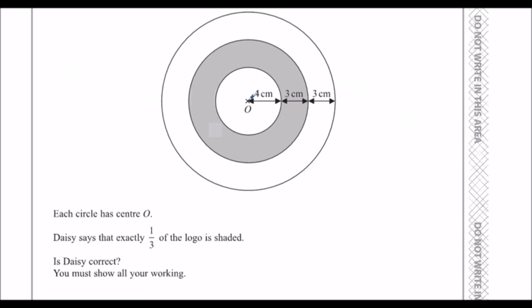So we've got 3 circles. The small circle's got radius 4. The medium circle has got a radius of 7. And the large circle has got a radius of 4 plus 3 plus 3, which is 10 centimeters.